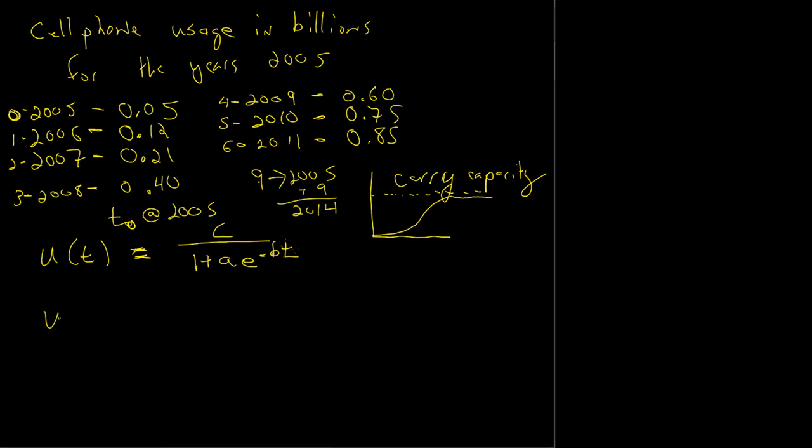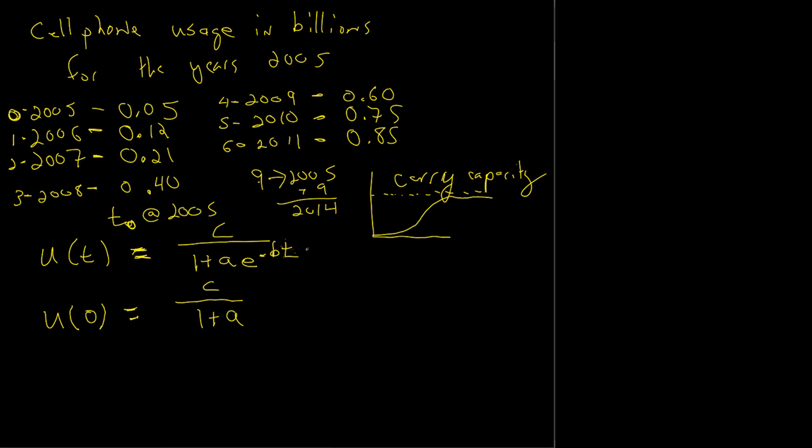At time equals 0, we get 1 plus a. Right? Because at time equals 0, the exponent becomes 0, because b times 0 is 0, and e to the 0 is 1. So we get 1 plus a.